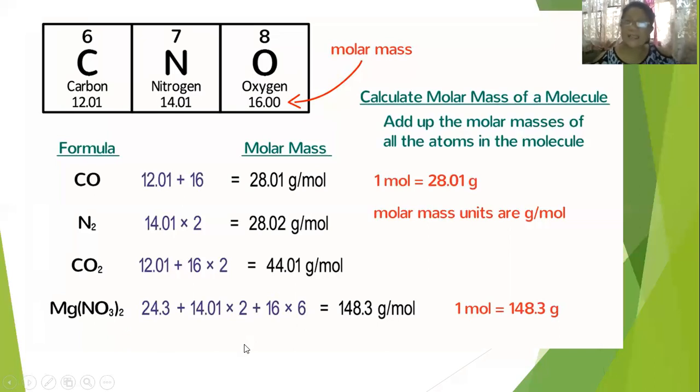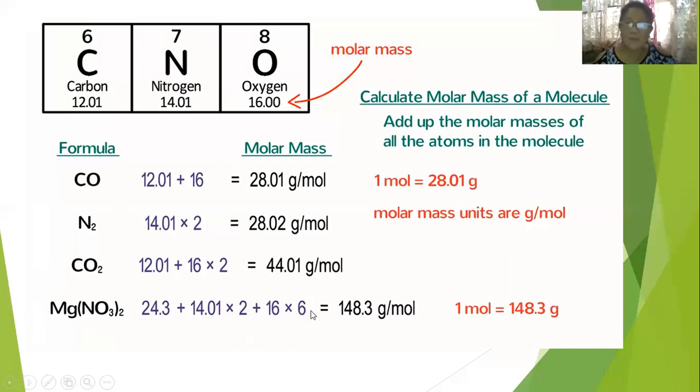Let us get now the molar masses of this. That is magnesium. That is 24.3 multiplied by 1. Then nitrogen is 14.01. Multiply how many atoms? 2. Okay. And oxygen, we have 16 multiplied by how many atoms? That is 2 times 3, it's 6.